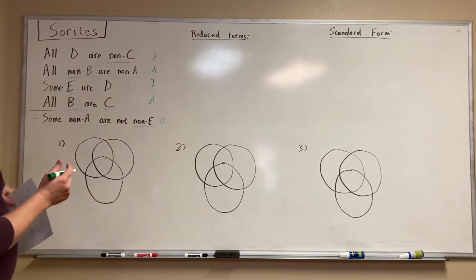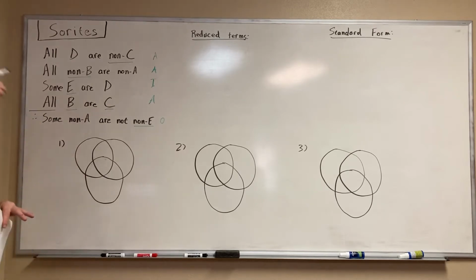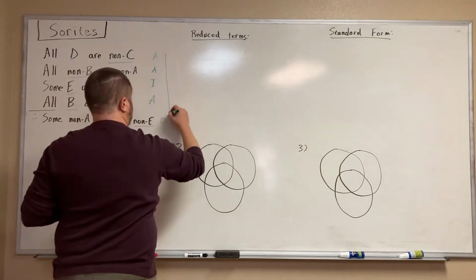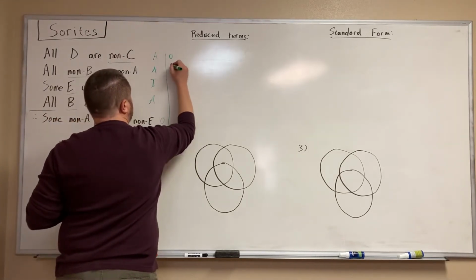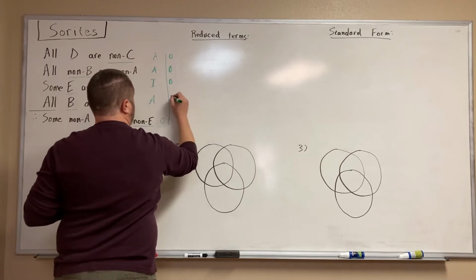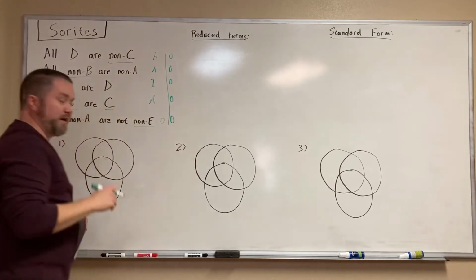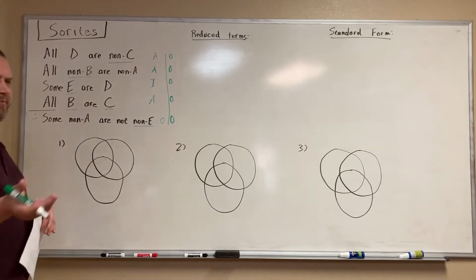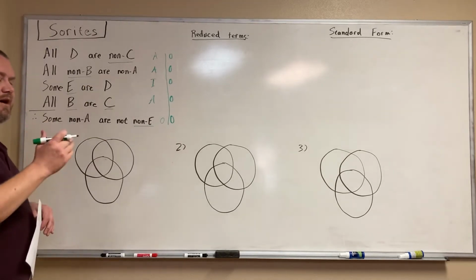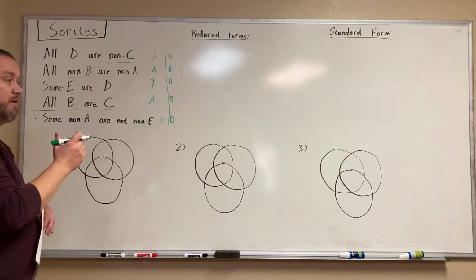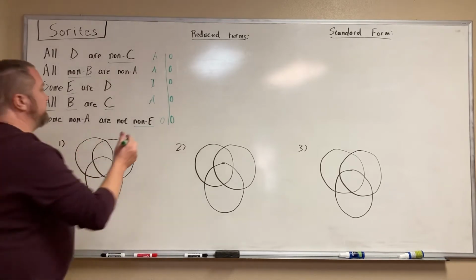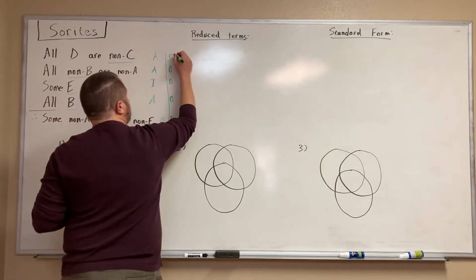And then just go through the chart that we have of which ones we can use. You can always use obversion for anything, because that goes for A, E, I, and O statements. And then contraposition or conversion. Contraposition you can validly use for A and O statements. So I'm going to abbreviate that with T.